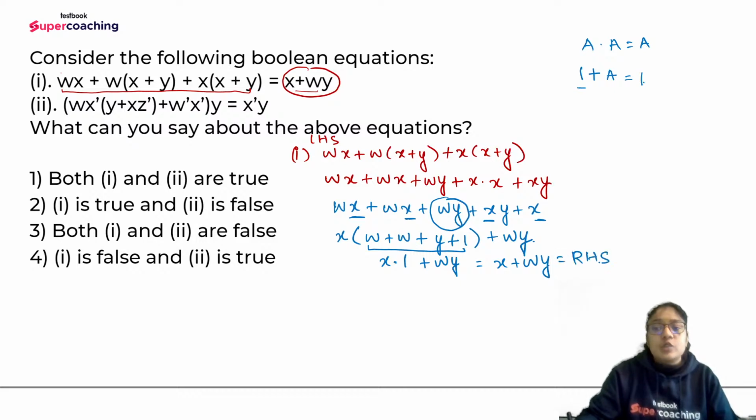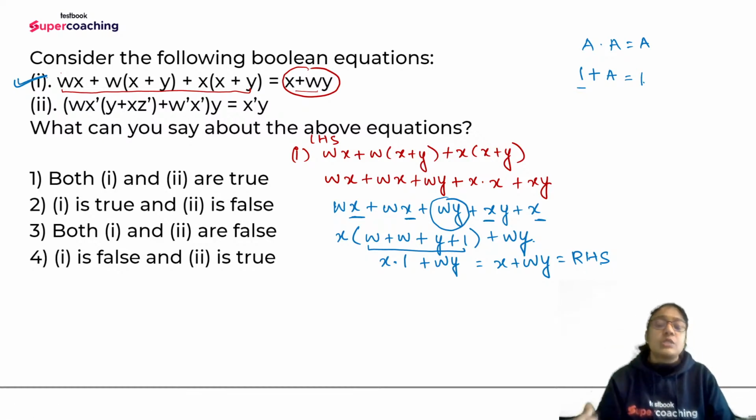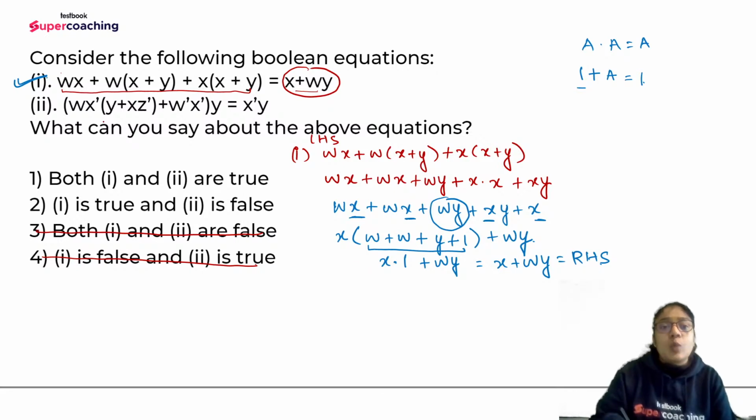This means that the first expression is true. Basically, whatever expression is given to you, you just need to minimize it using the Boolean algebra laws. Similarly, check the second one and let me know if it is true or false. So since one is true, that means option C. Option 3 and option 4 are eliminated because they say that 1 is false, whereas 1 is true. Check for the second one.